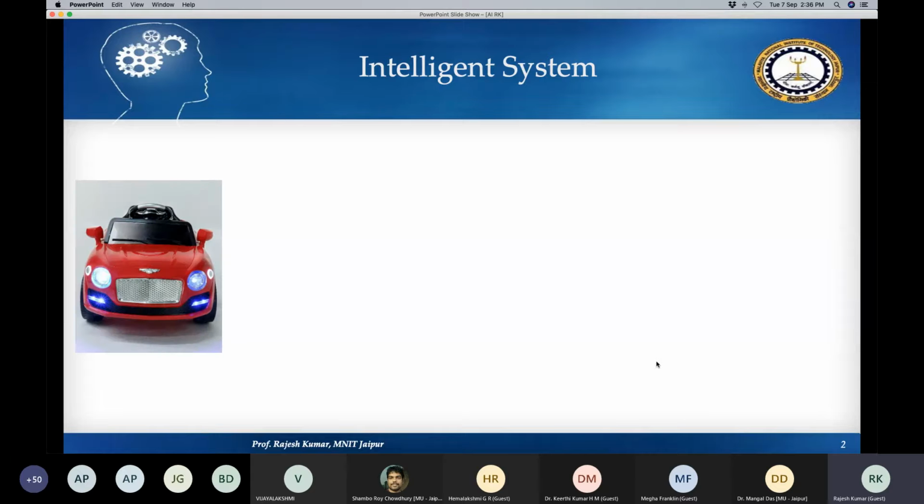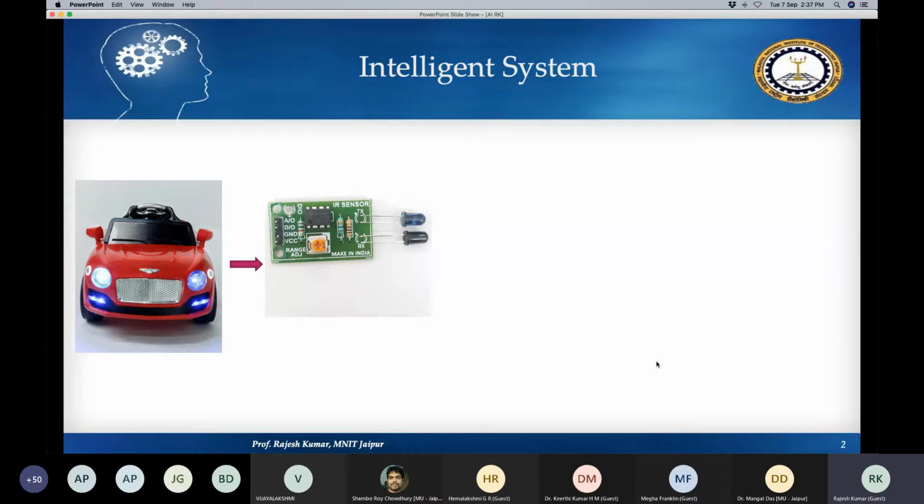Say that I have one vehicle, and this is a conceptual figure, which can be further realized on the actual scale. This car is remotely operated, or you can say it's just a self-operated car. What we can do from here is apply some sensors, maybe an IR sensor, or any kind of sensor.